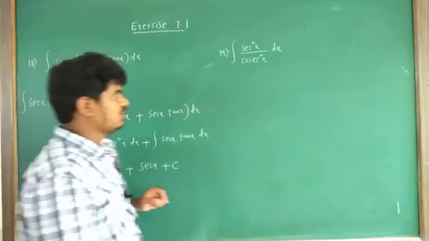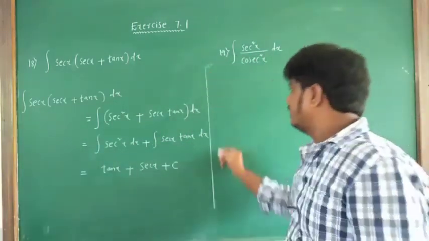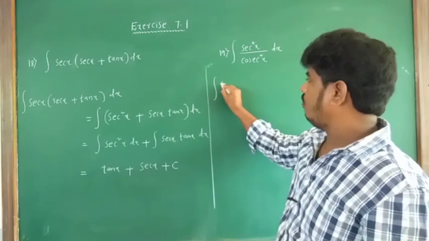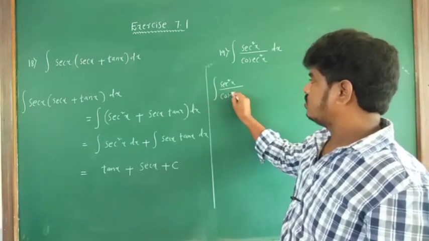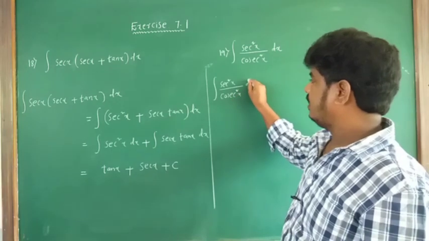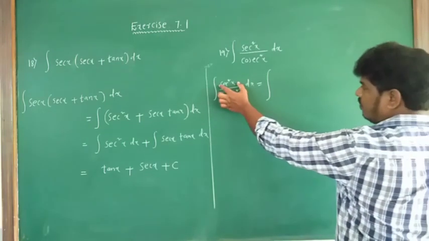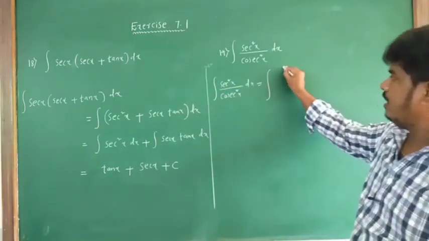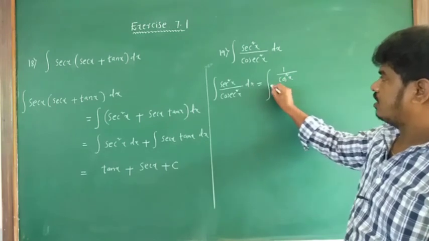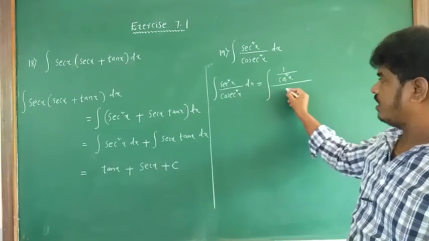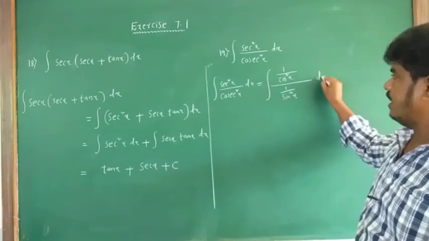Next, come to 19th. What is the integral of secant square x divided by cosecant square x dx? This one I am going to write as: secant square x means 1 by cos square x, divided by cosecant square x means 1 by sin square x, dx.